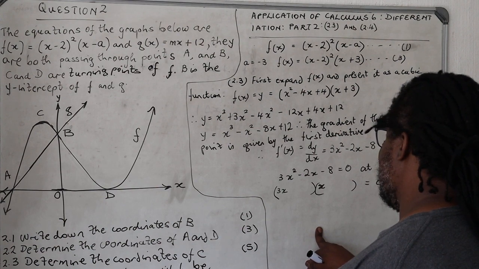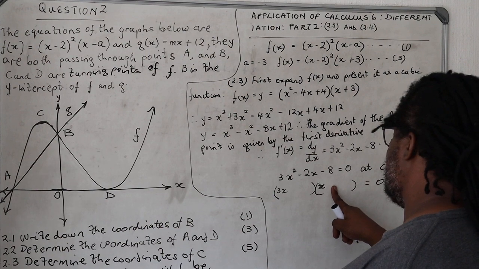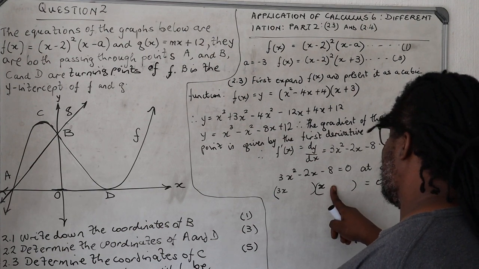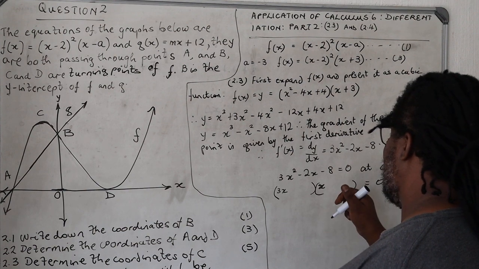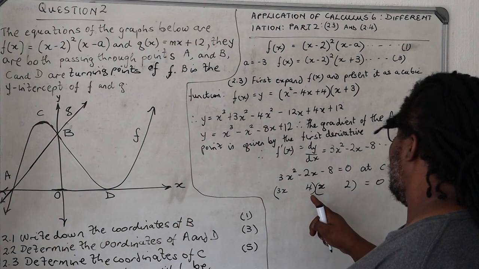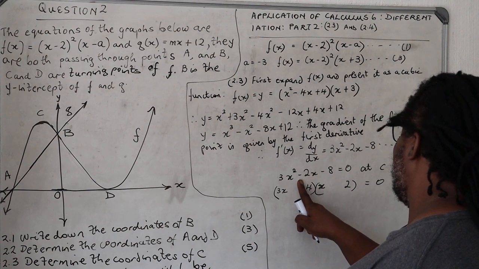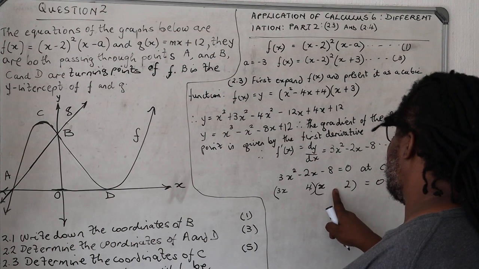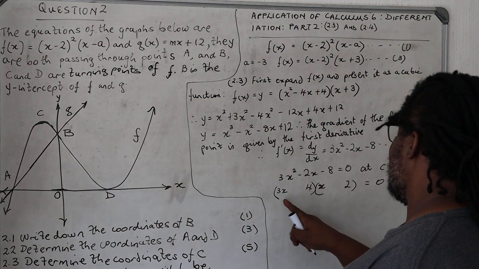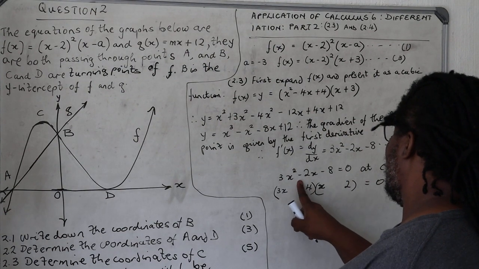If we have the 4 and 2, so if we have 4 there, 2 there, because we have got a minus there, we should have a minus here, because 3x times minus 2 gives you minus 6x plus 4x, that will give you minus 2x.